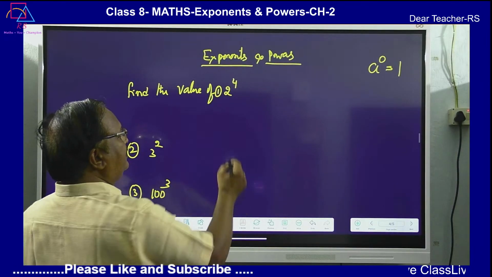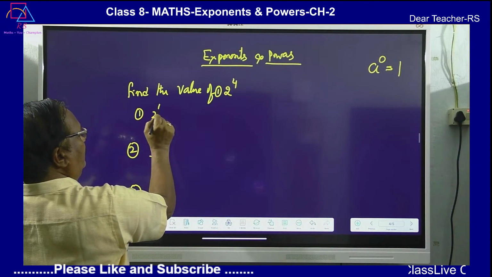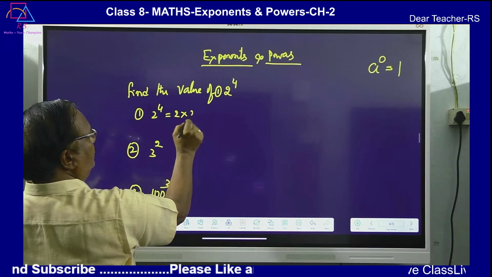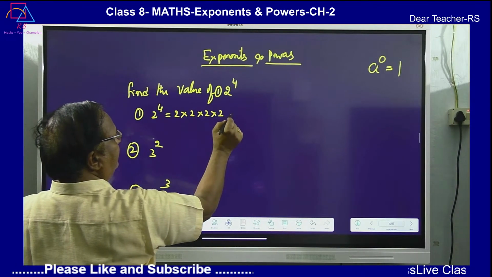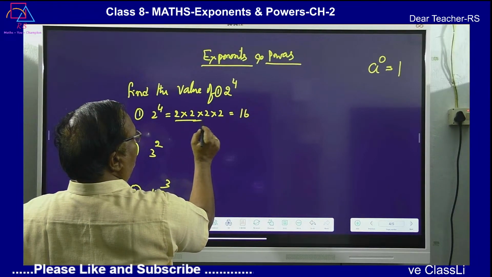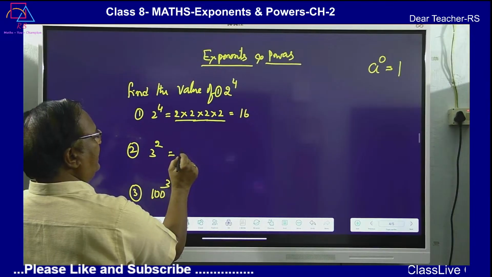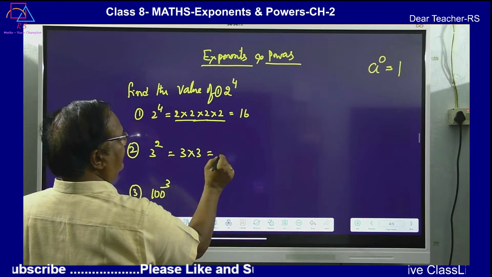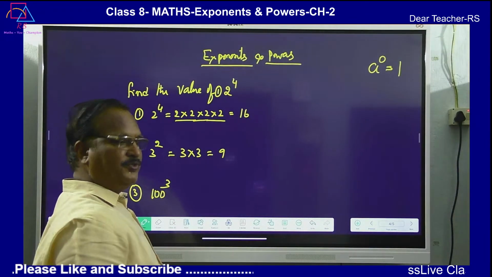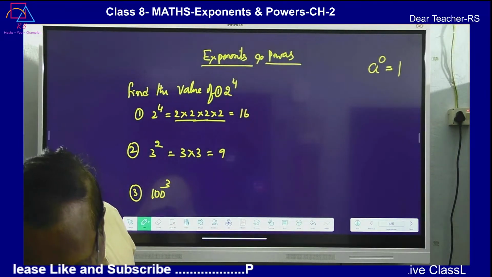So what is the value of 2 to the power of 4? 2 to the power of 4 means 2 into itself 4 times, which is equal to 16. 2 to 4, 4 to 8, 8 to 16. So what is the value of 3 square? 3 into 3. If you want to do your problems, do. These are all things you know, na? Take this.